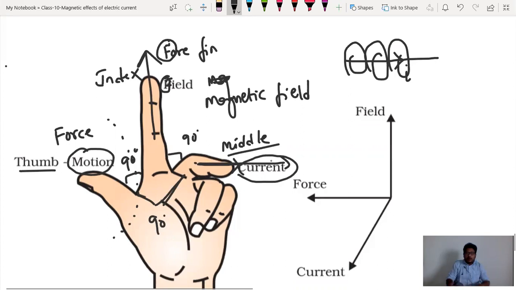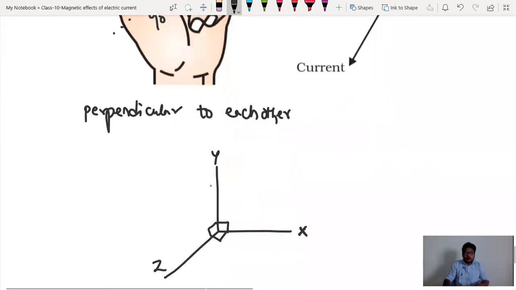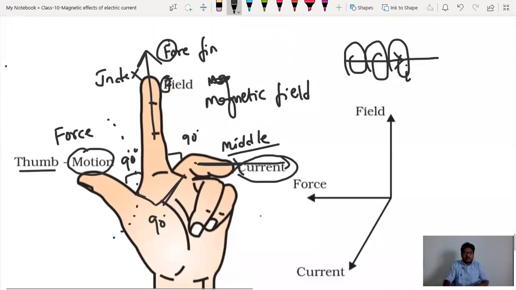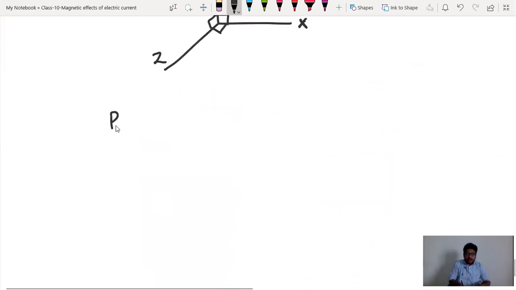So if you compare this left hand rule with the right hand rule, both are the same, but in the right hand thumb rule we are considering the thumb as current and all four fingers as magnetic field.